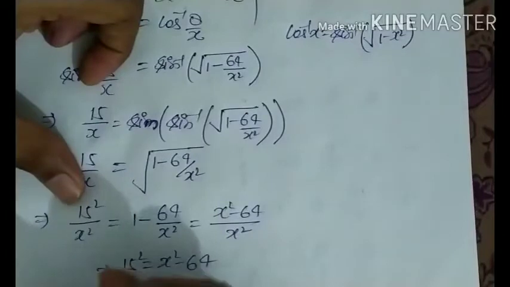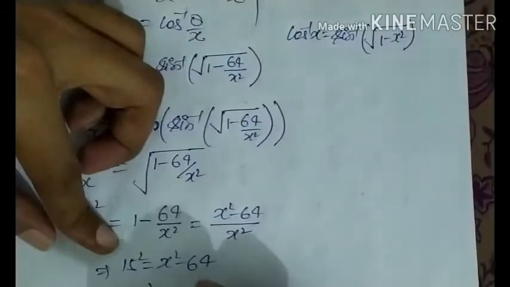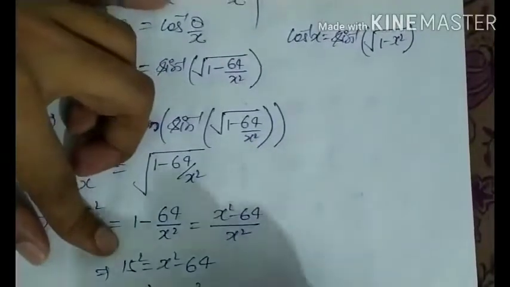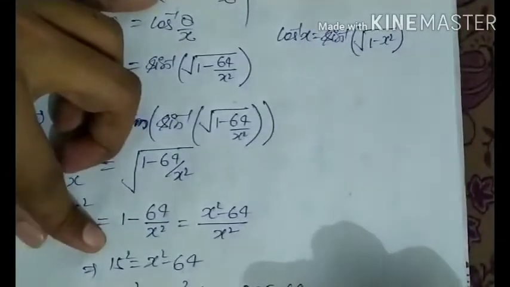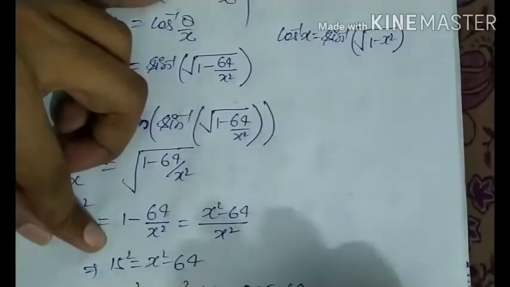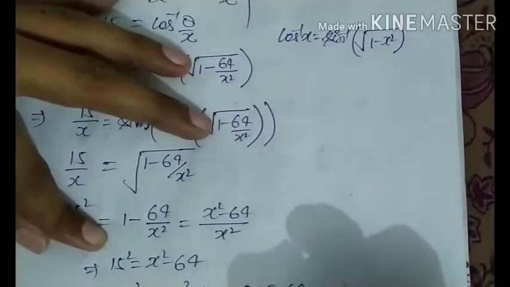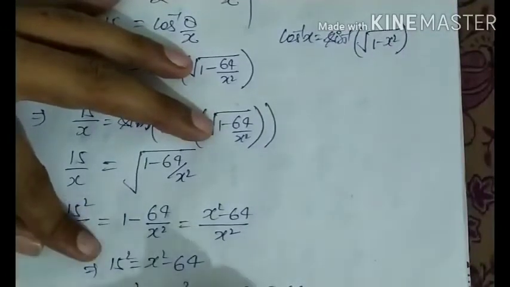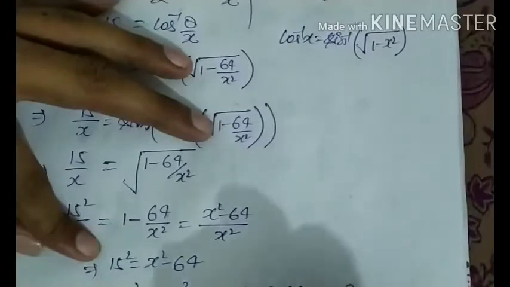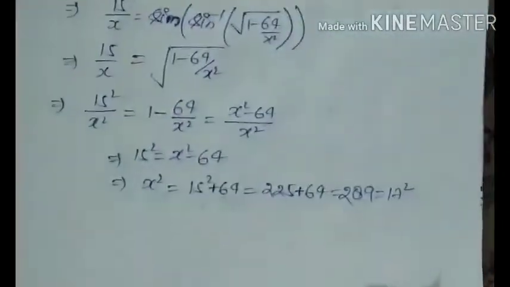This implies x square equals, taking 64 to the left side, 15 square plus 64, which is 225 plus 64, and it will be 289, which equals 17 square.